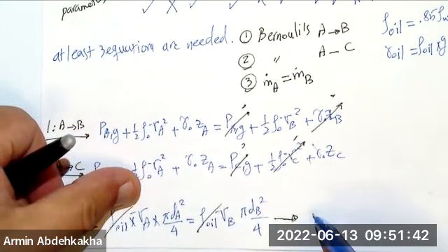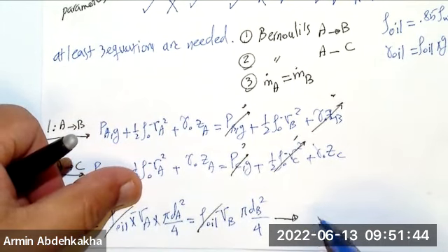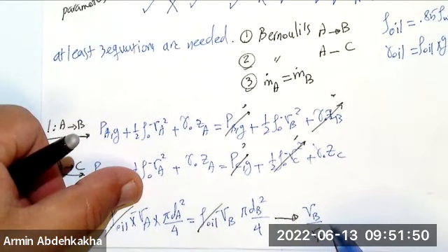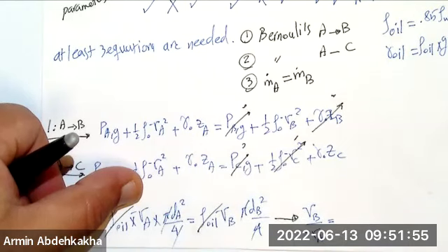Okay, so if I rewrite this, keep V_B on one side and V_A on the other side. Also, I can cancel out pi and 4 from each side.